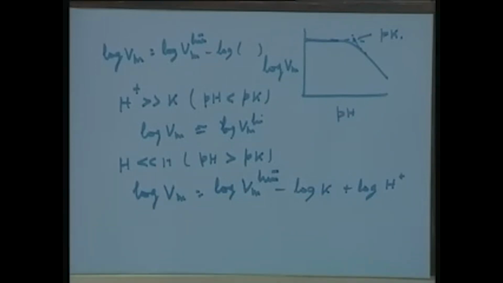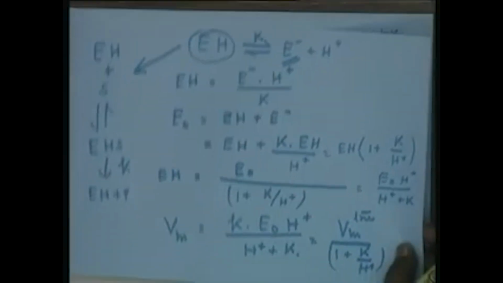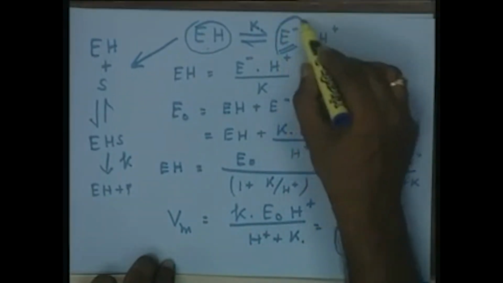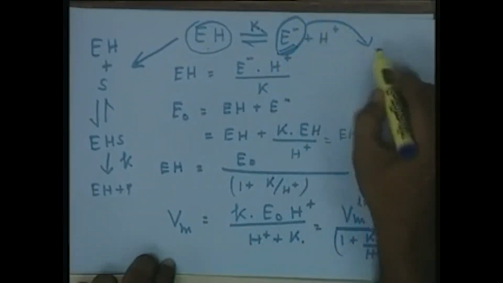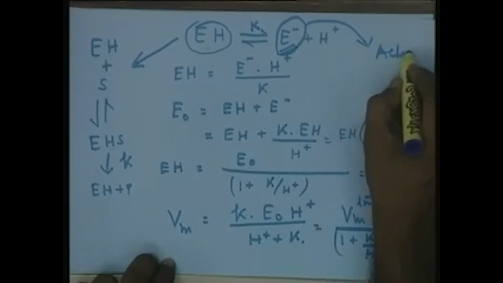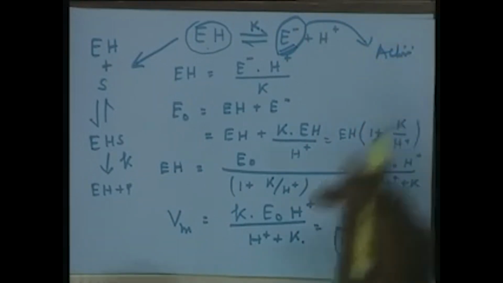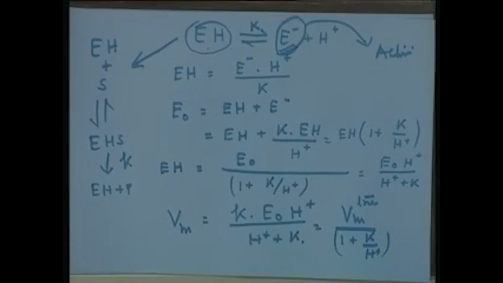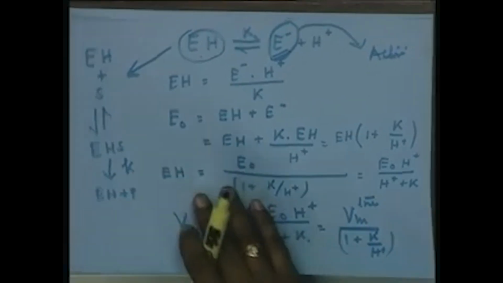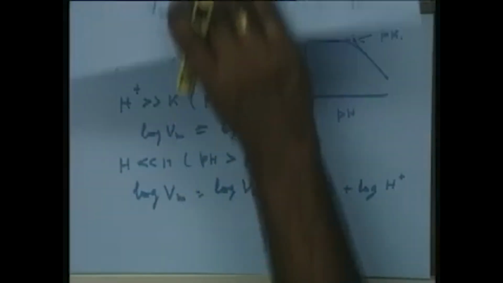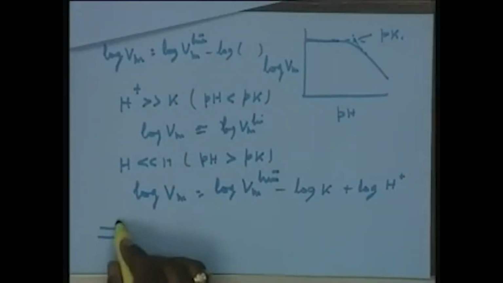On the other hand, as we noted, if instead of EH, E minus, the negatively charged enzyme, is the active form, and that is another option available to us, not the neutral enzyme, in that case the analysis will be identical, but the rate profile will be different.